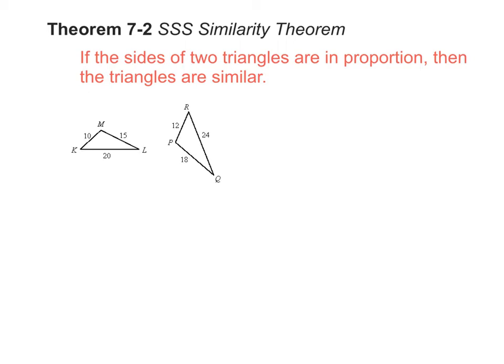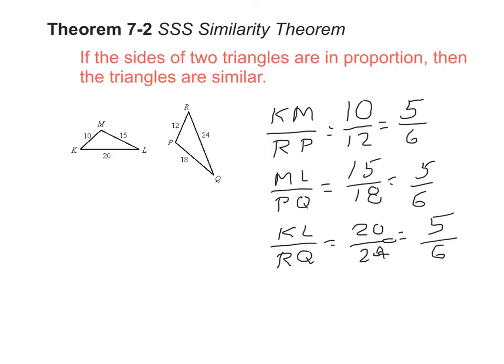So here's another example. I've got a triangle KLM and another triangle RQP, okay? And if these triangles truly are similar, then we should be able to see that the sides are in proportion.